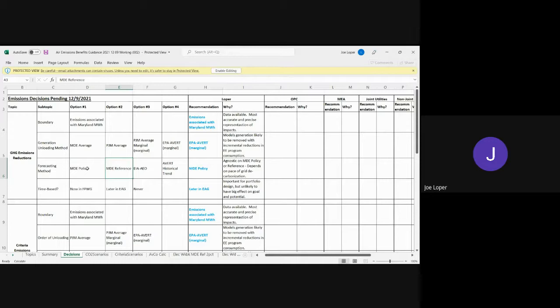MDE also has a reference case, which still has a decline in emissions intensity, but it's a slower decline, and that's basically what would happen but for the MDE policies.